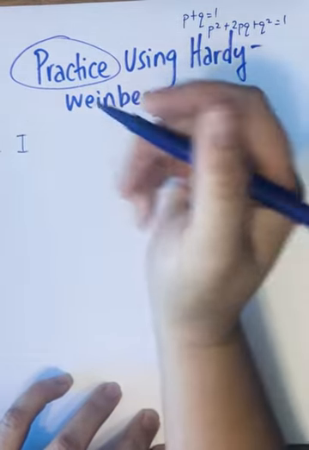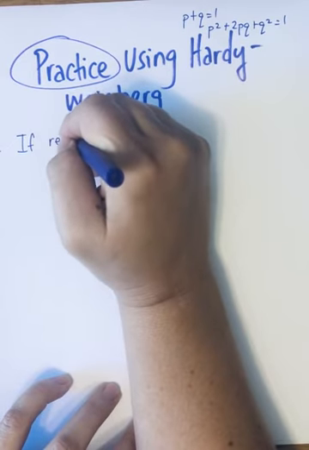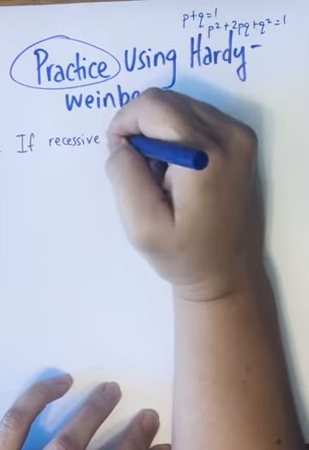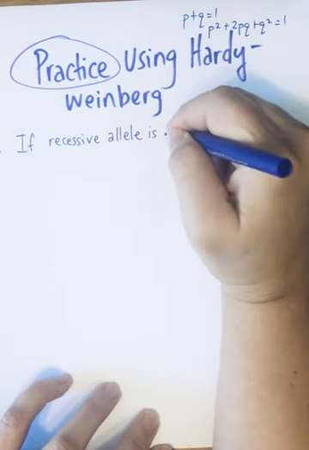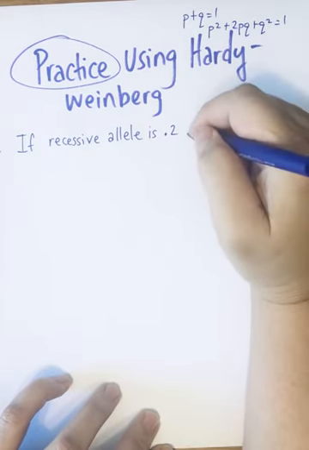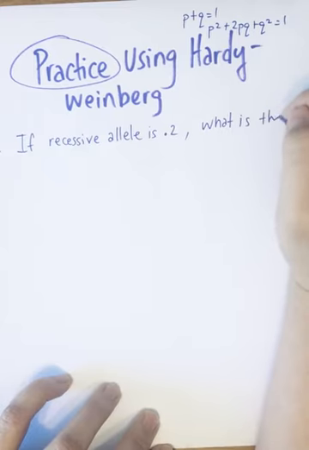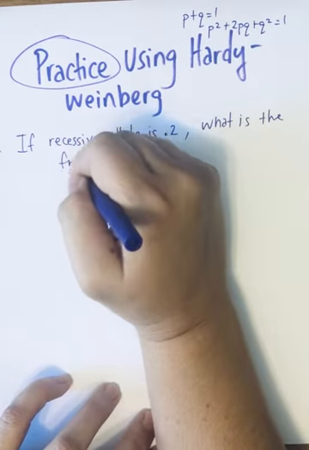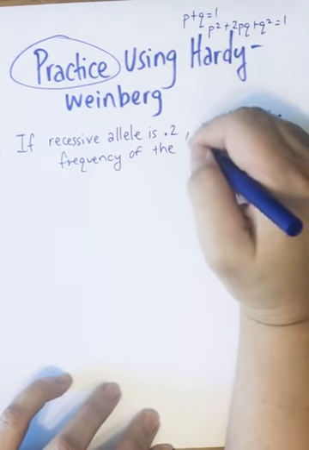So, example one: if the recessive allele is 0.2, what is the frequency of the dominant allele?